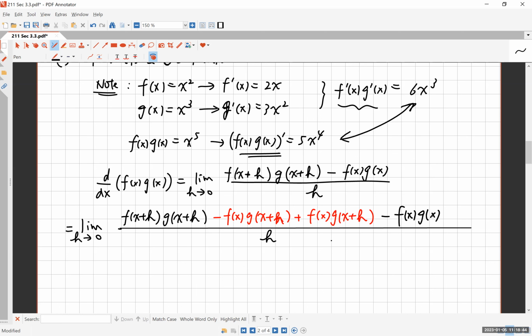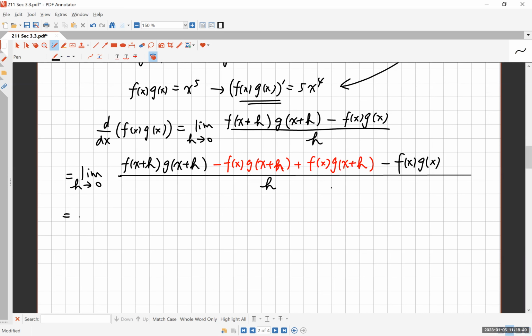But it turns out this is exactly what is needed to figure out the derivative of a product. Now, first of all, I subtracted and added the same thing on the top of a fraction, so I did not change anything here, right? So that's fine. And I'm going to draw another long line here. h is still the denominator.